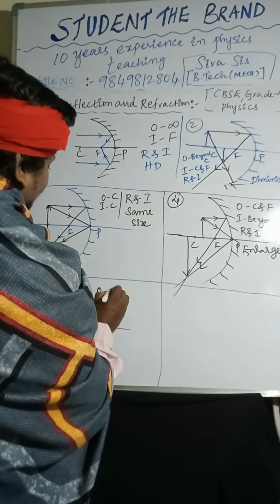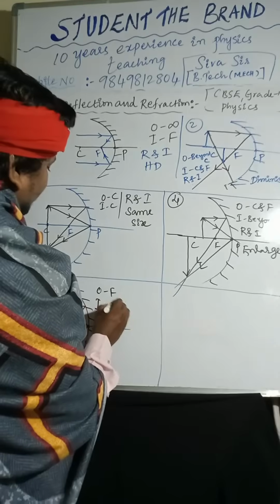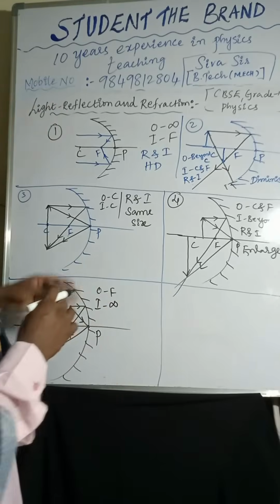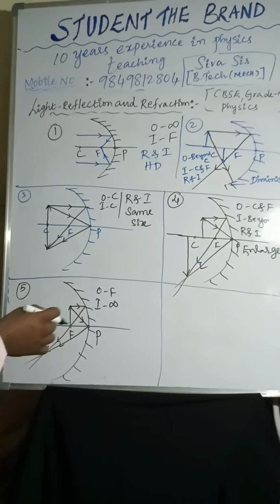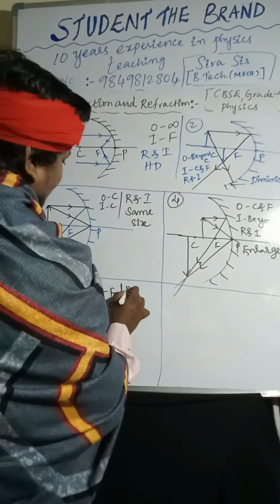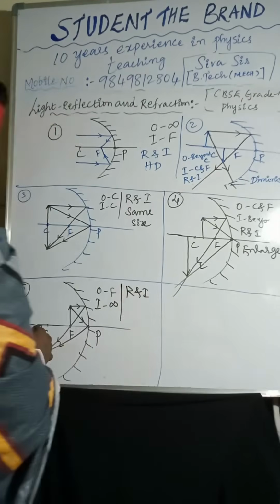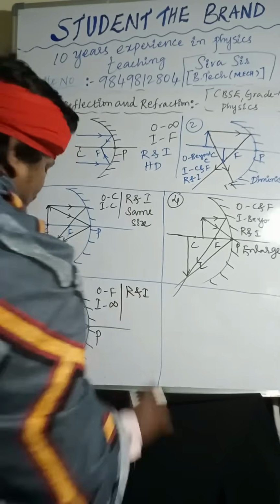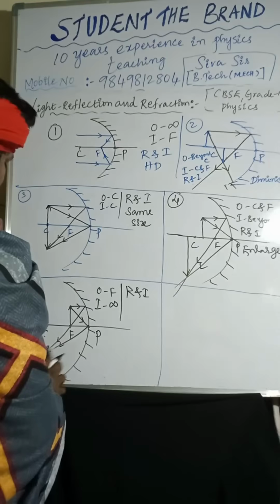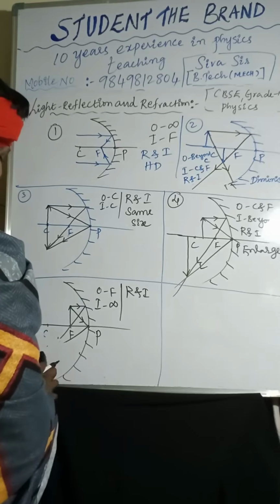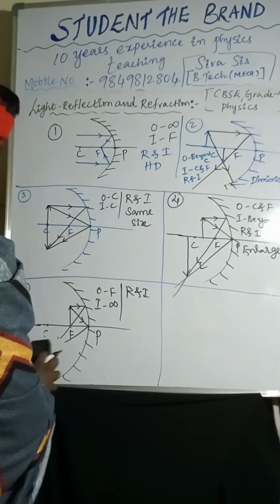Object is at F. Image will form at infinity. Nature of the image is real and inverted. And size of the image is highly enlarged.